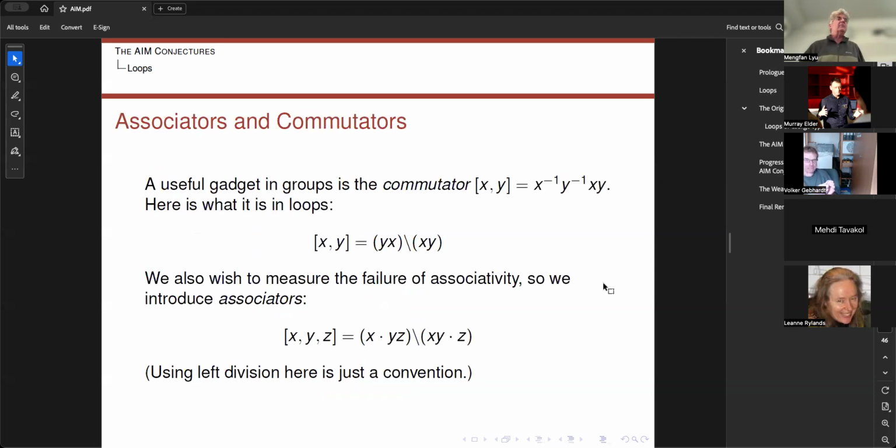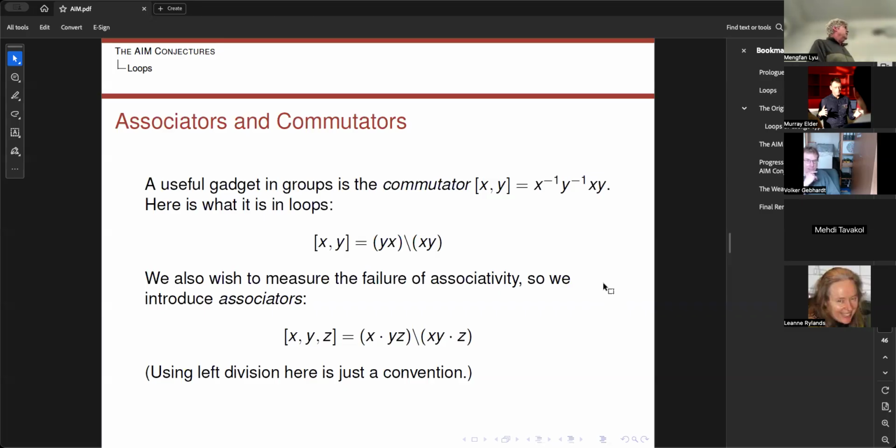Now, as you may recall from group theory, one of the most useful gadgets when you're talking about measuring the failure of a group to be commutative is the so-called commutator, which is this expression, chosen mostly by convention, that measures how non-commutative a group is.